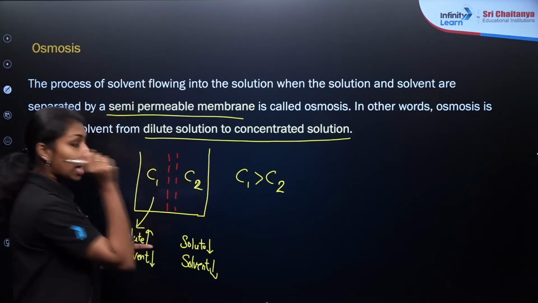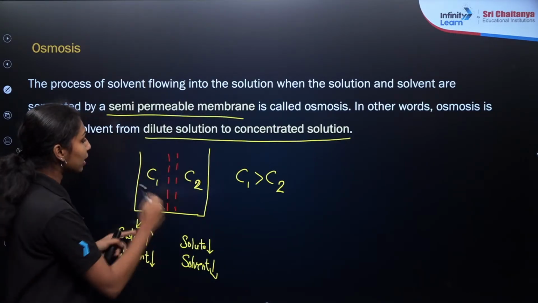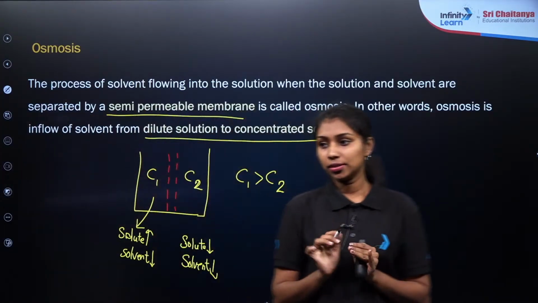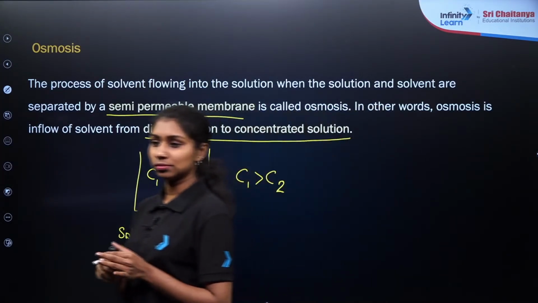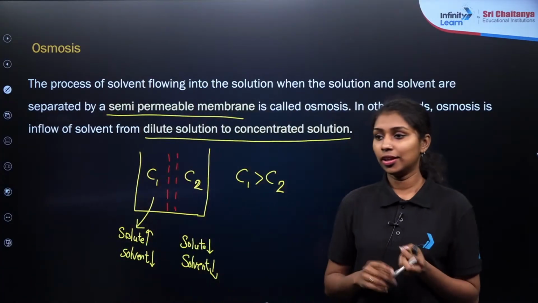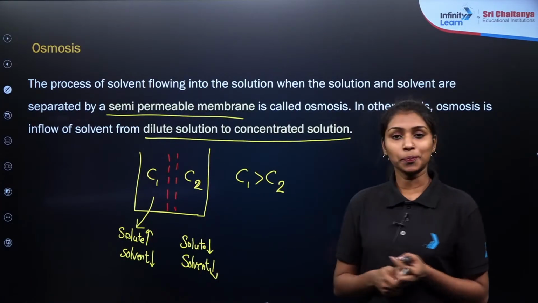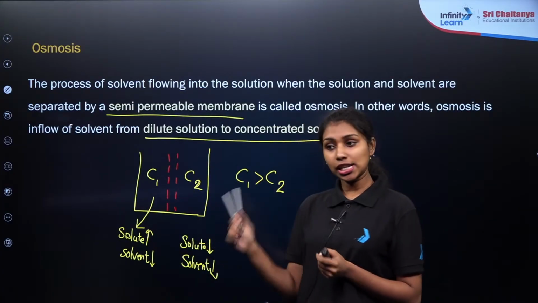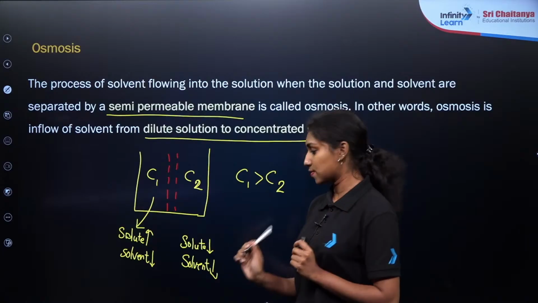In this case, among C1 and C2, which one has the higher concentration of solvent? Give me the answer.